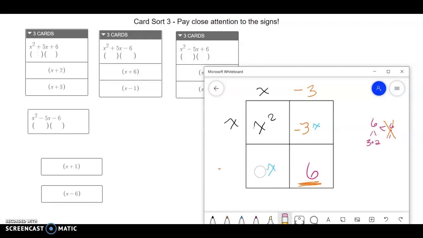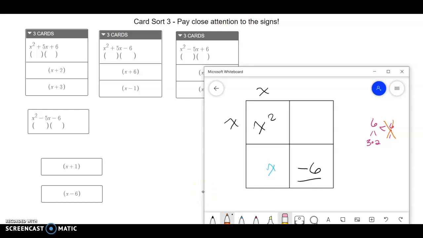So again, we have, well actually now we have a -6 here, meaning one of my numbers needs to be negative. Well, in this case we have -6 and a positive 1.